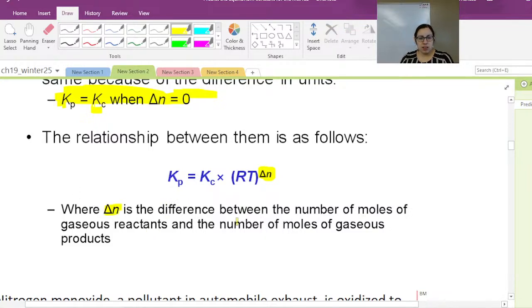Our change in n is the difference between the moles of gaseous products and gaseous reactants, so products minus reactants. That is the only little factor of difference between them, and you could imagine how your partial pressure would change if your moles of gas are also changing.